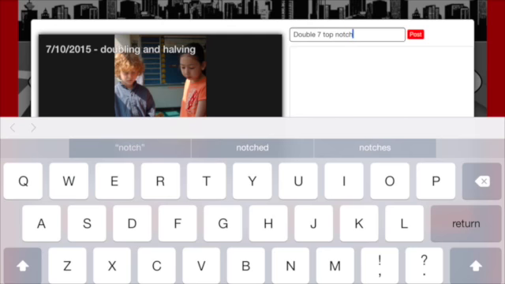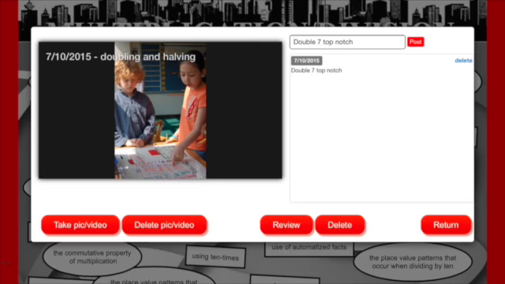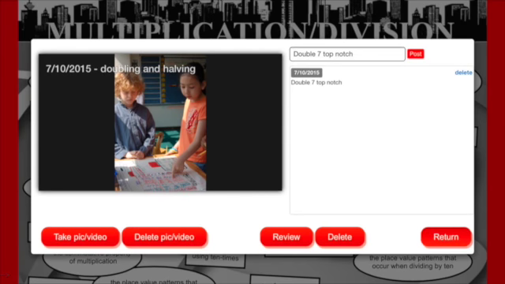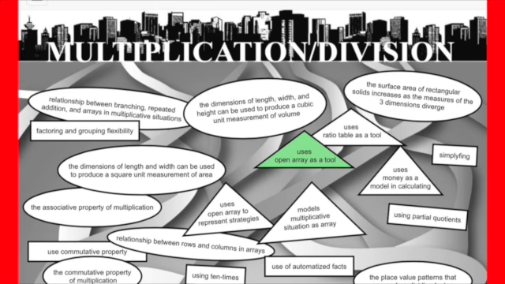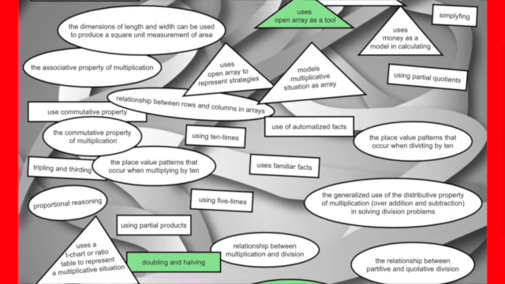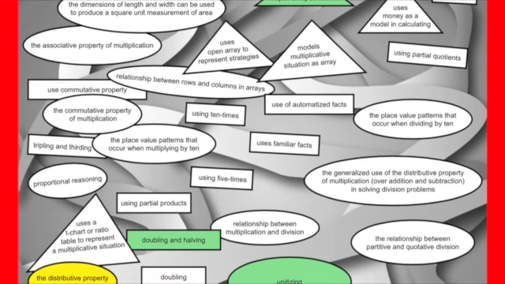I know that's something they've been working on. Rather than writing that on a post-it or making a photocopy of their work, I can just type it in, click post, and it pops up. I'm going to hit return, and it'll bring me back to the landscape for Emily, and you'll see that it is green.